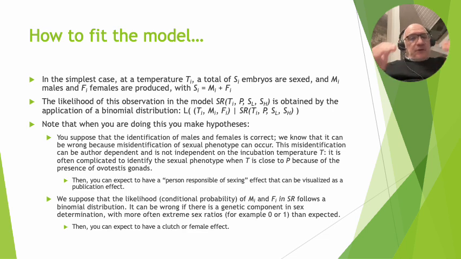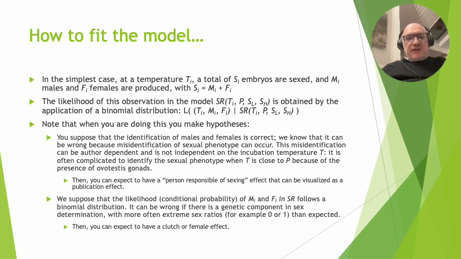Note that when you write this, you are making a hypothesis. The identification of males and females must be correct. But we know that it can be wrong because misidentification of sexual phenotype can occur.